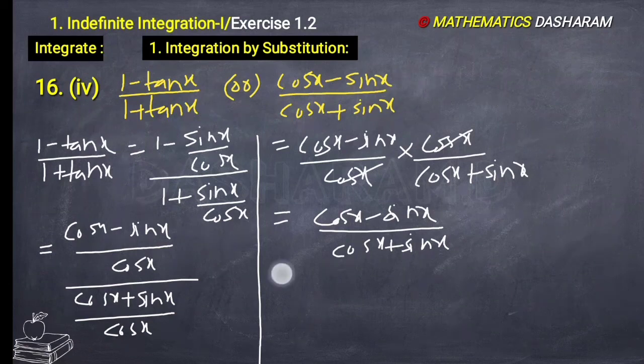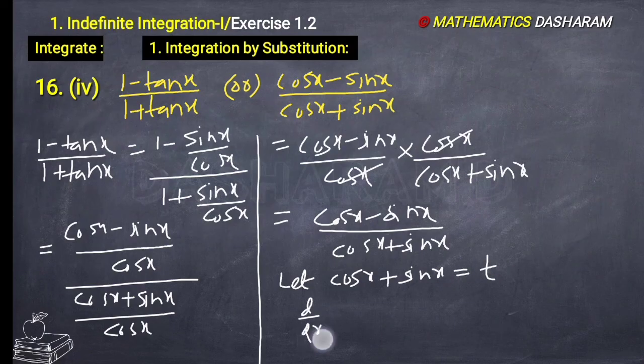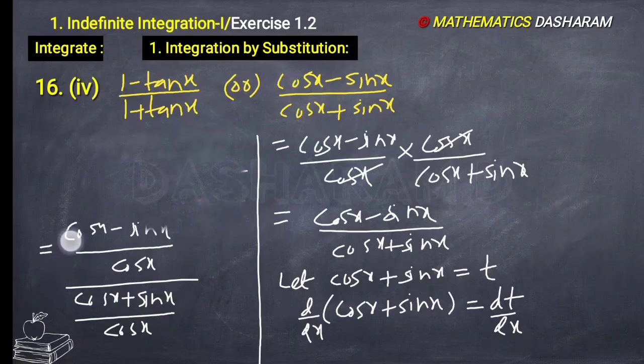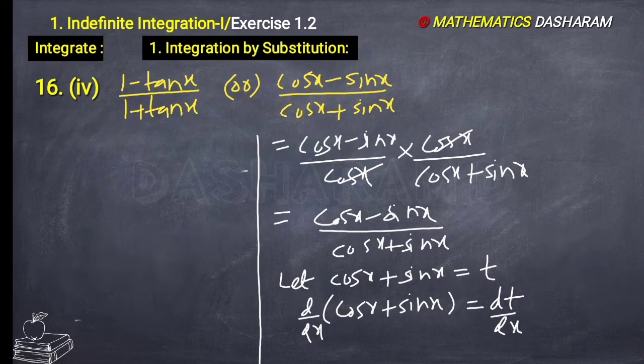Now, to find the integration of this function, let's select the denominator cos x plus sin x equals t. Next, do the derivative on both sides with respect to x. So dt by dx equals the derivative of cos x, which is minus sin x, and the derivative of sin x, which is cos x.